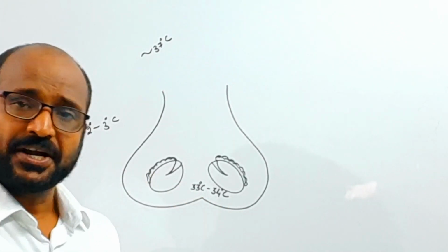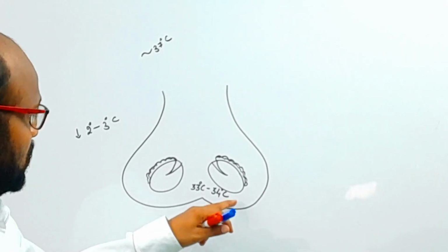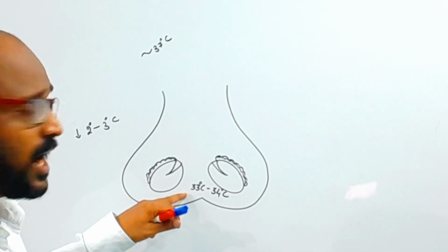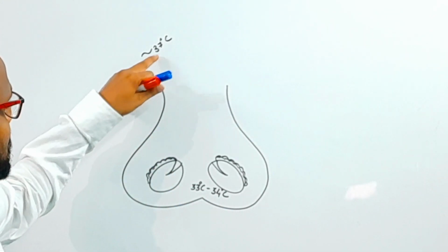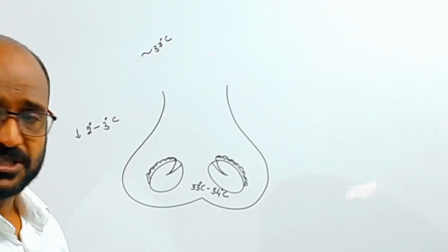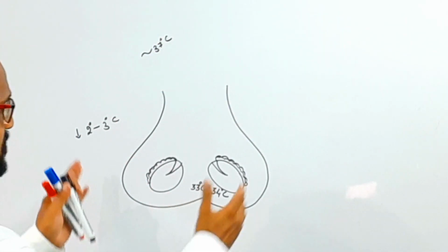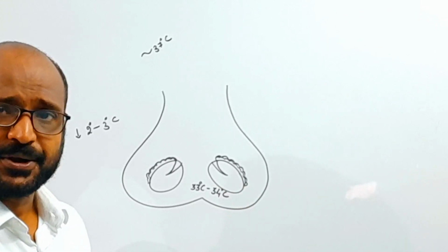So the testis needs a 33 or 34 degree temperature while the core body temperature is 37 degrees. That's why it is present outside of the abdominal cavity.